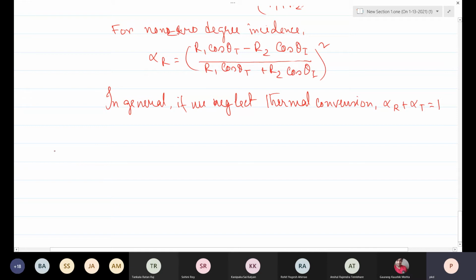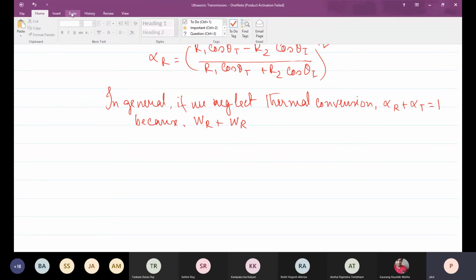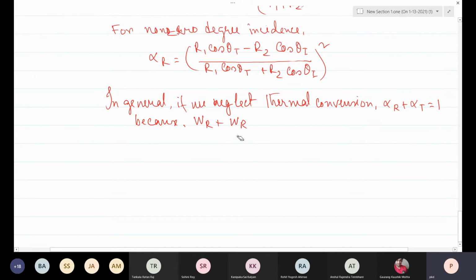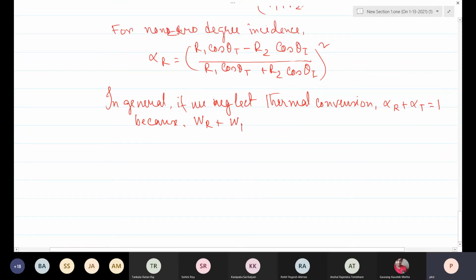Because the reflected energy and the transmitted energy, sorry, will be equal to Wi.